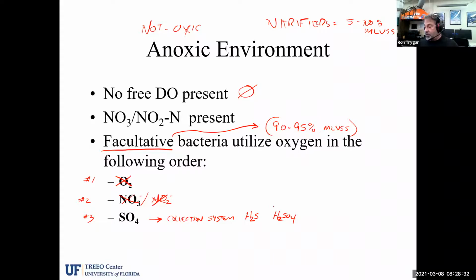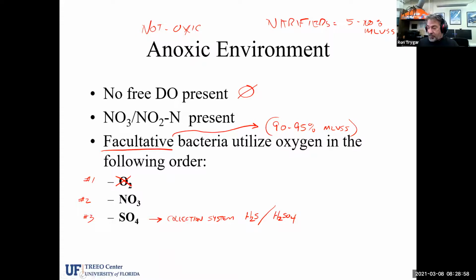So H2S and H2SO4 are generally found in collection systems that are somewhat what we call anaerobic or somewhat septic. And it's because there's none of the number 2 or number 1 present that these bacteria then go after the sulfate. So a way for us to prevent the odors in some cases would be to supplement, say, nitrate in the water.